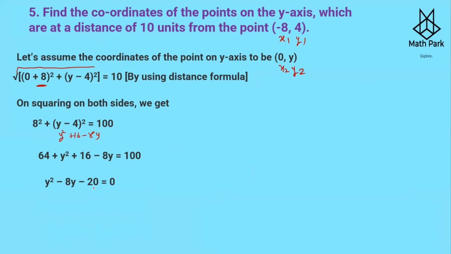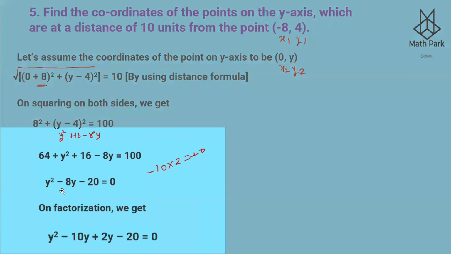Let us factorize this. We need to find the factors of 20 such that the difference is 8. So we have 10 times 2 is equal to 20 and 10 minus 2 is equal to 8. So we have −10 times 2 is equal to −20. We split the middle term −8y as −10y + 2y − 20 = 0.